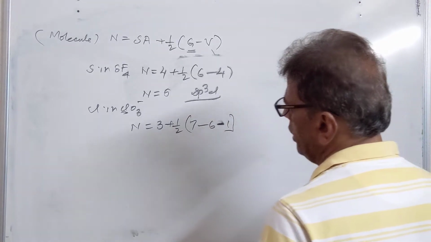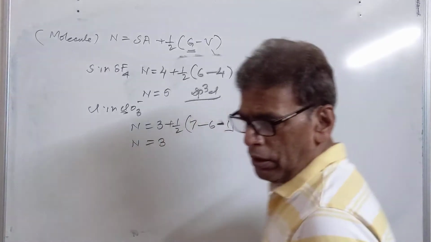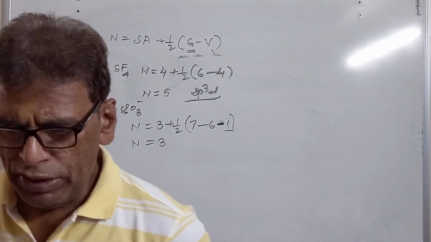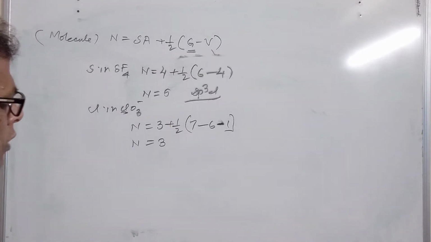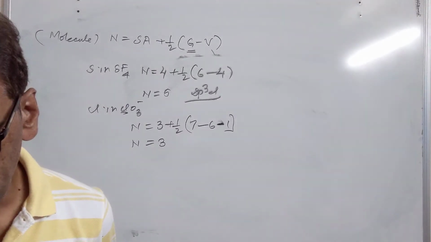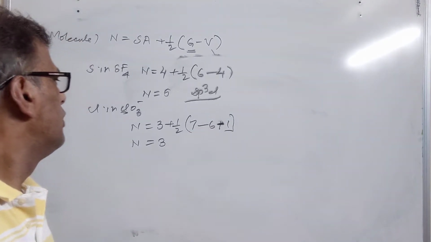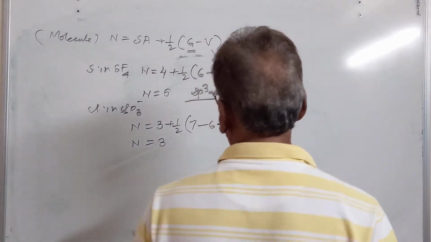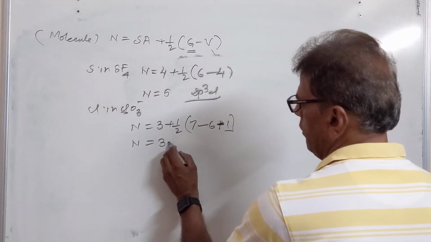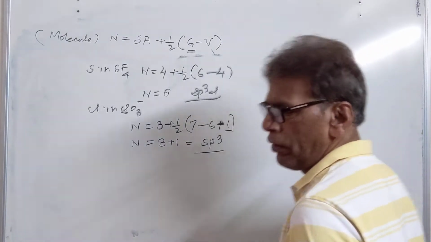So we have 7 minus 7, 0. We have 3 orbital hybridization in this case, and that hybridization will be sp3. Here we have the negative charge that is to be added. So we have 8 minus 2, 4 orbital hybridization, that is sp3 here.